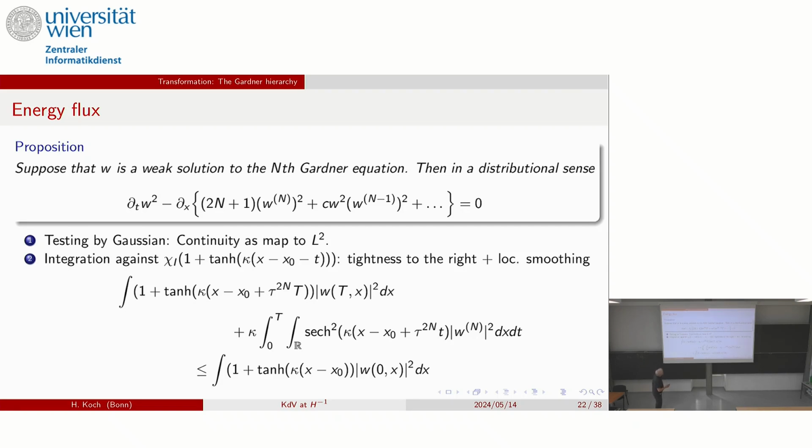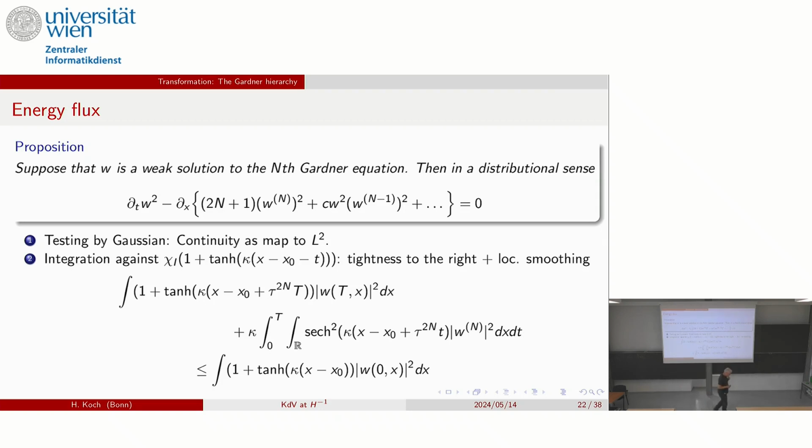In a distributional sense, this is the energy flux identity in a weak sense. So that's a PDE argument. The equation makes sense. Then you write down the energy flux equation. And now it's a PDE argument to show that this energy flux identity holds for weak solutions. A PDE calculation in a somewhat standard, but maybe a bit unusual setting.